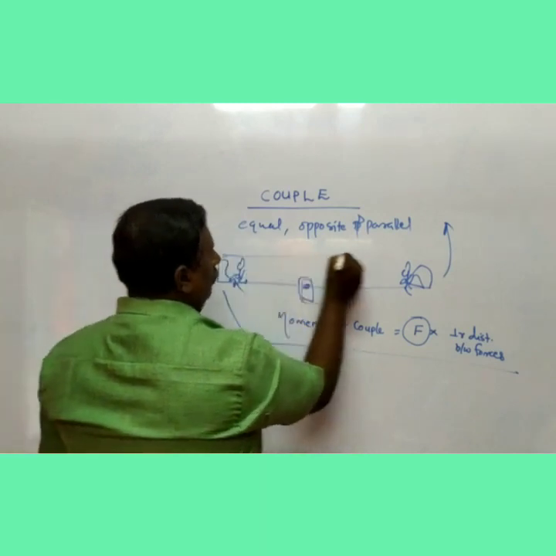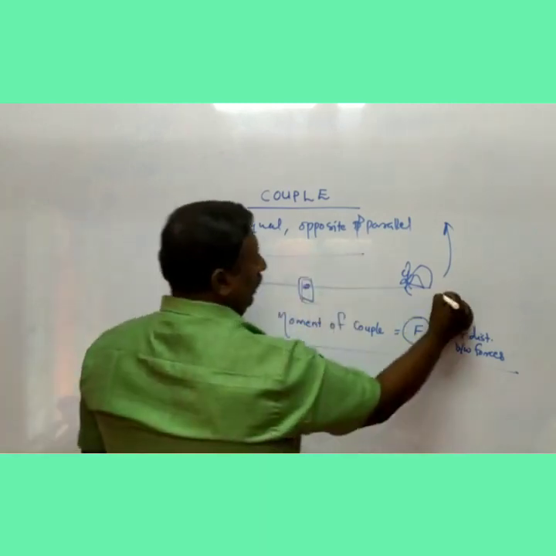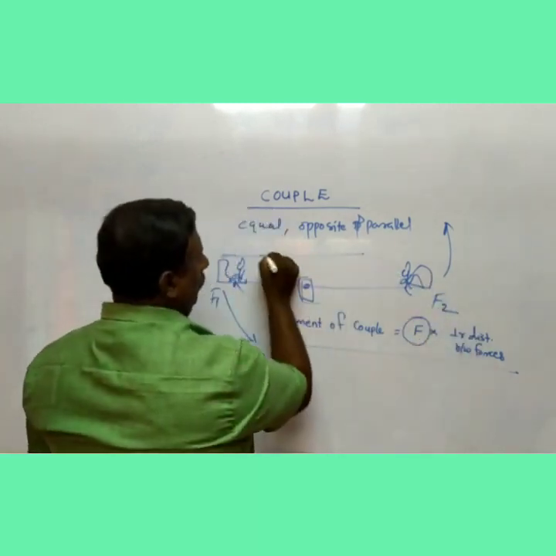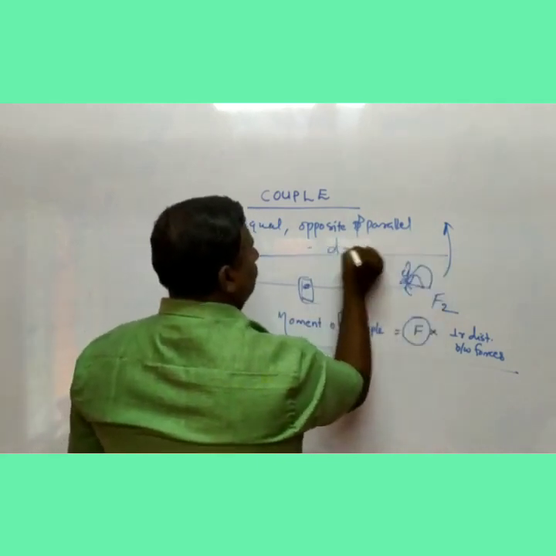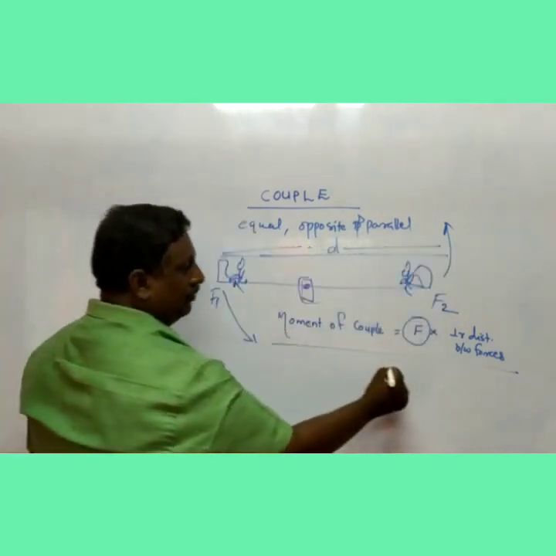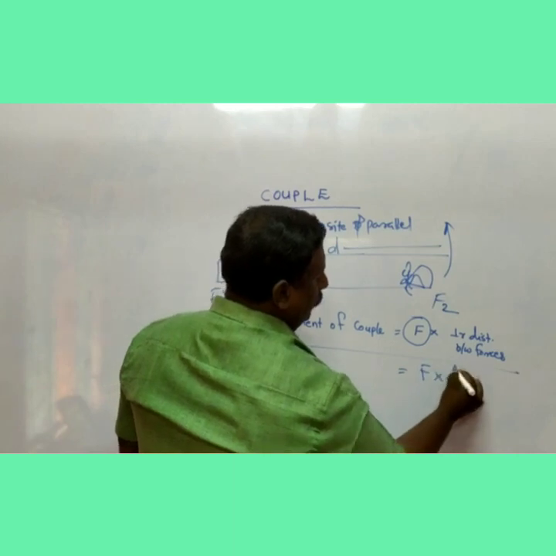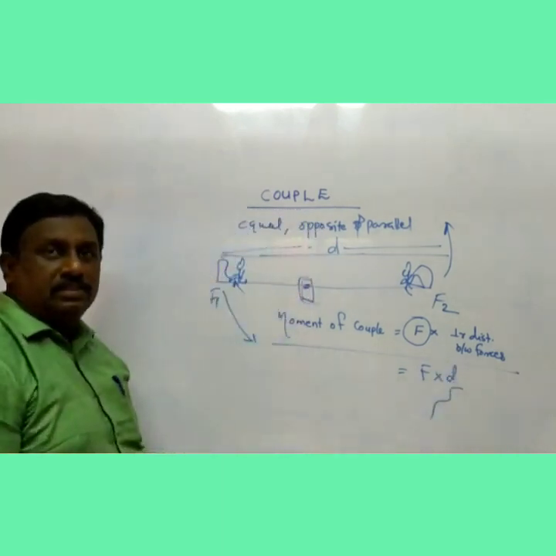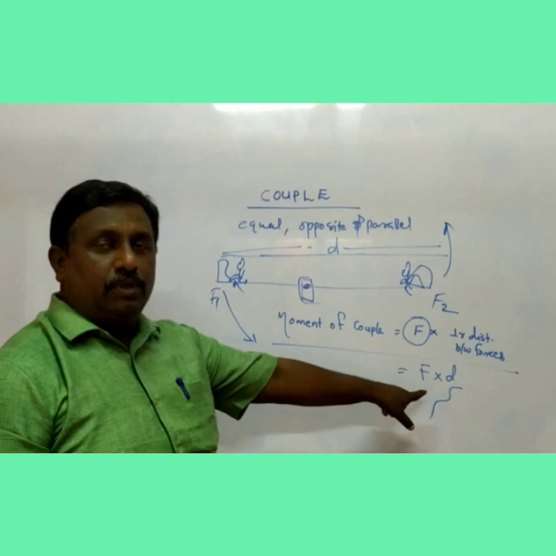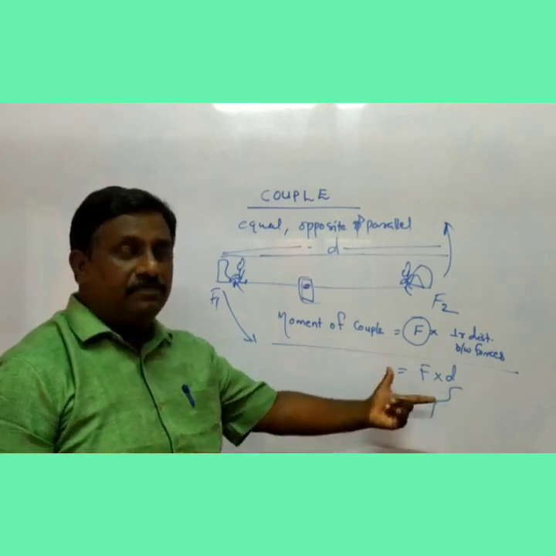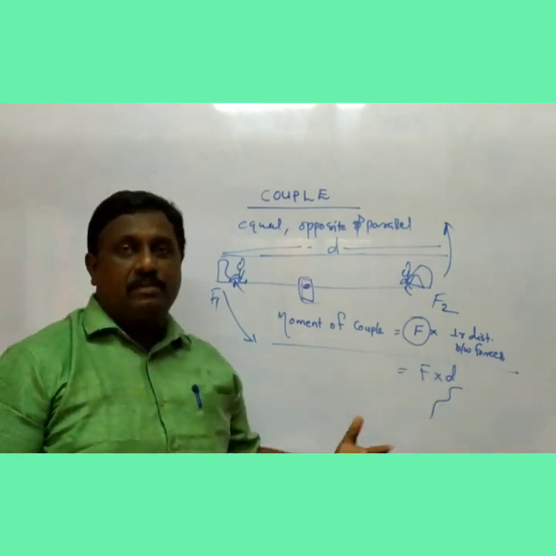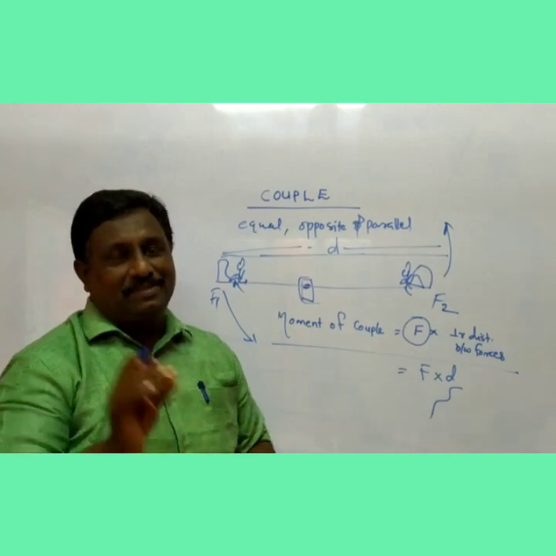Suppose it is the first force F1 and the second force F2, and the perpendicular distance between them is D. So moment of couple is F into D. Same unit: the unit of force is Newton and distance is meter, so Newton meter.